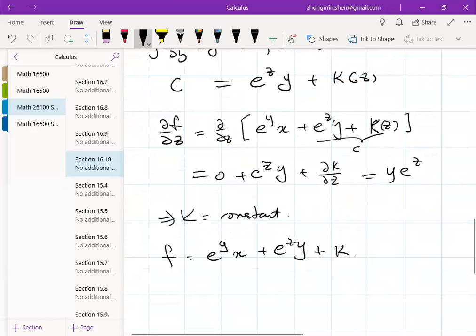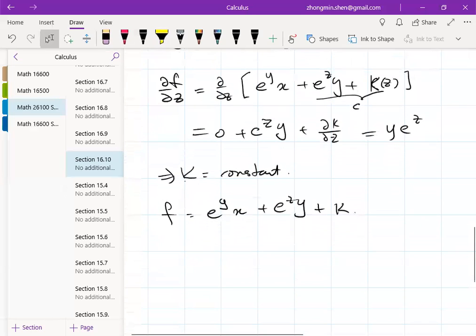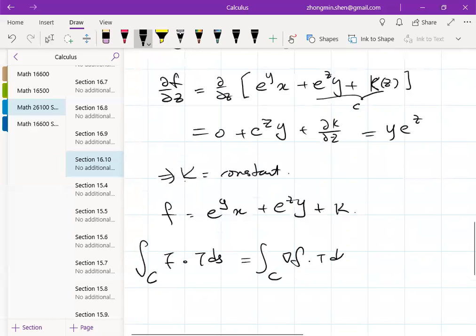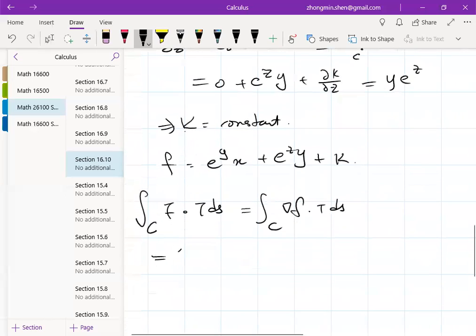Then now the line integral over C, since it is written in this form, according to the formula, is going to be the difference at the two end points.